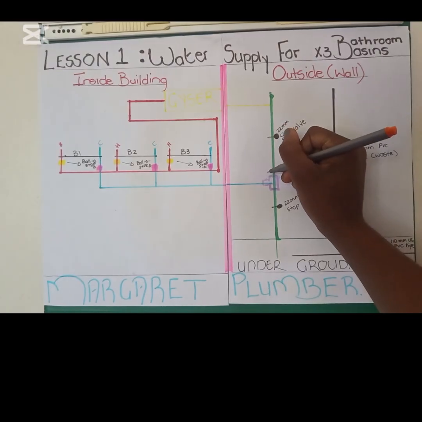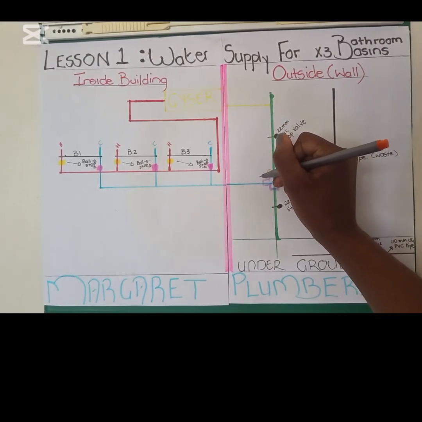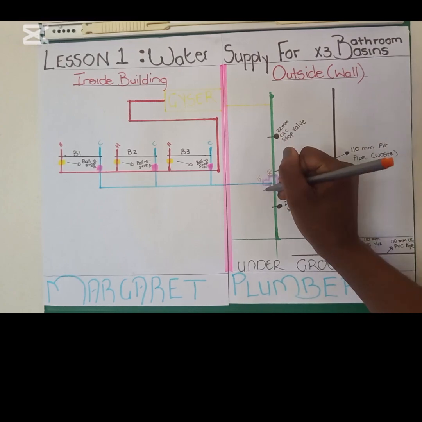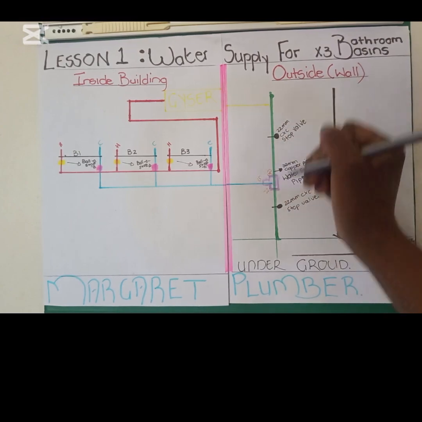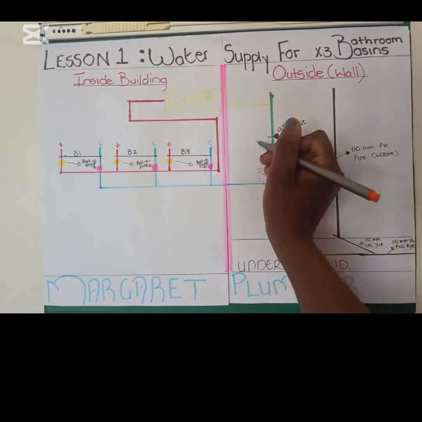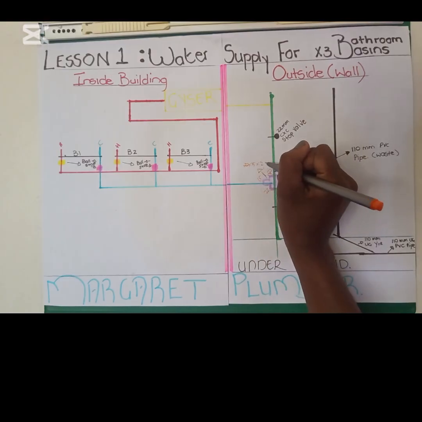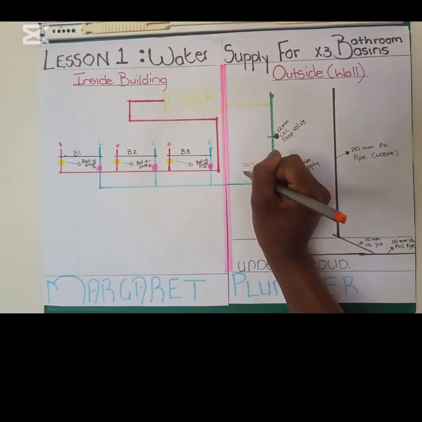So it's 22, 15, 22. So when you buy, this is your 22 by 15 by 22 millimeter T piece.